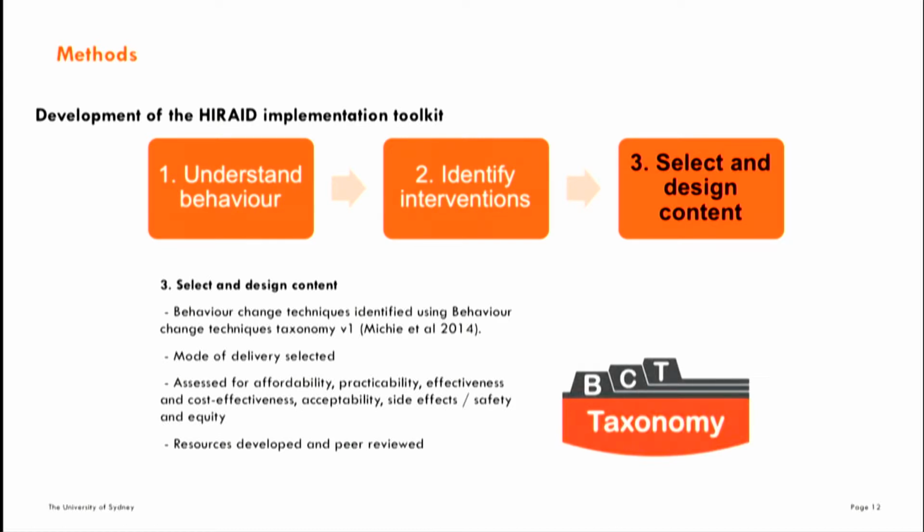So if we use education, what type of techniques are we going to use in that education, like feedback, instruction, and that type of thing. And so the behaviour change taxonomy lists nearly 100 different types of techniques, and these have all been grouped into what types of interventions they might be effective in being applied with.